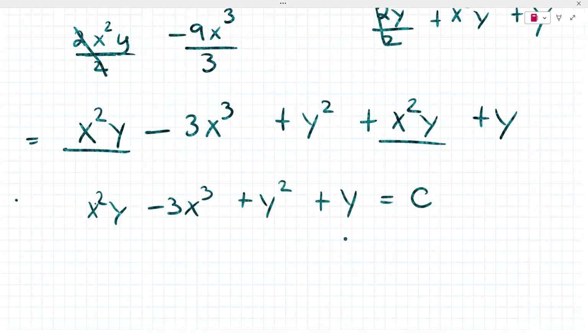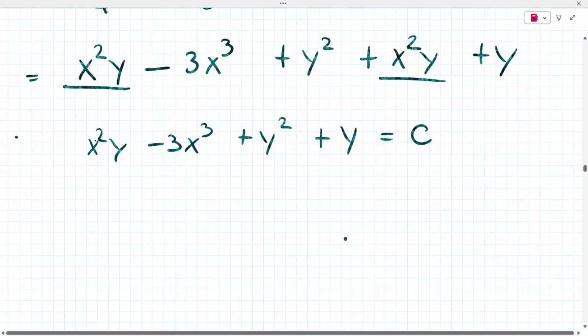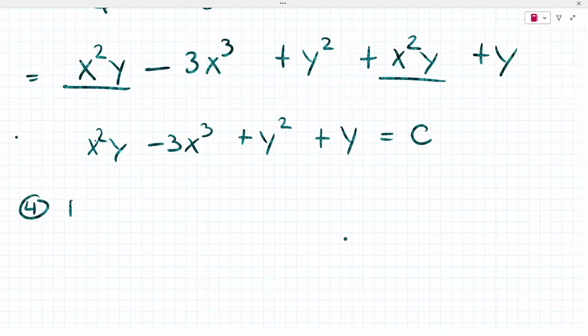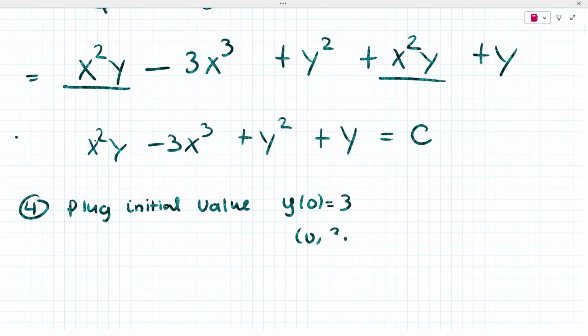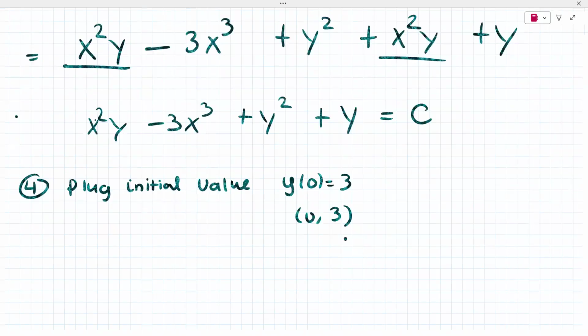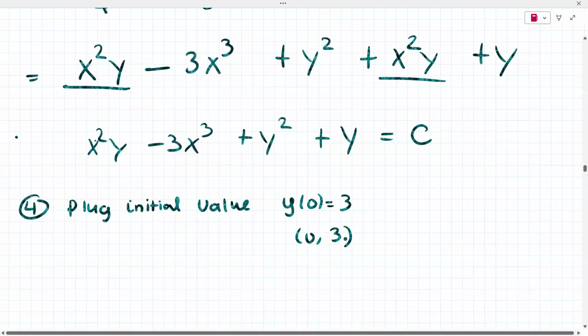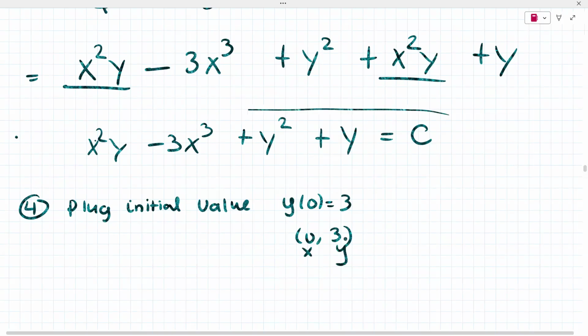Now, step 4, we do have an initial condition, so we have to plug in the initial value of y(0) equals 3. So we have an initial condition of (0, 3). Go ahead and plug in 0 for x and 3 for y.